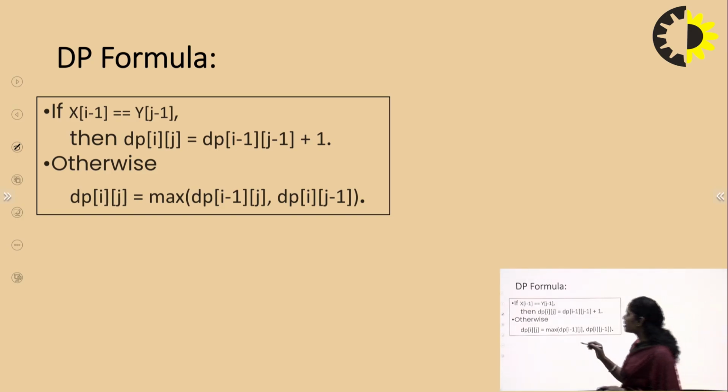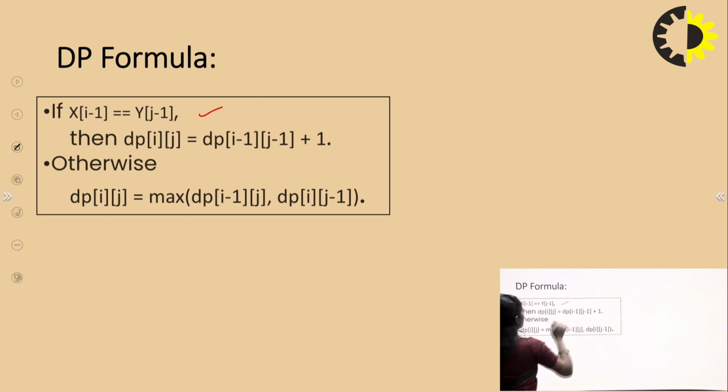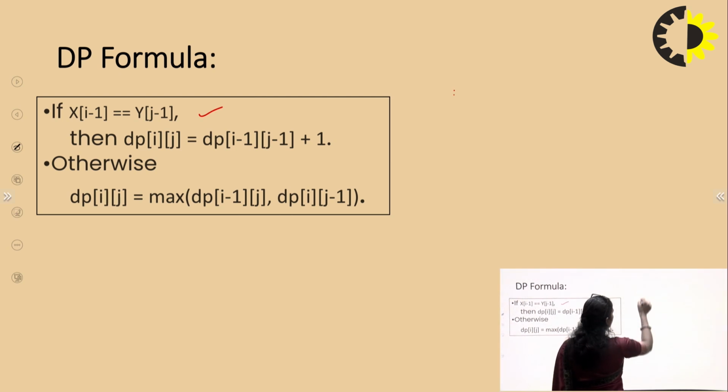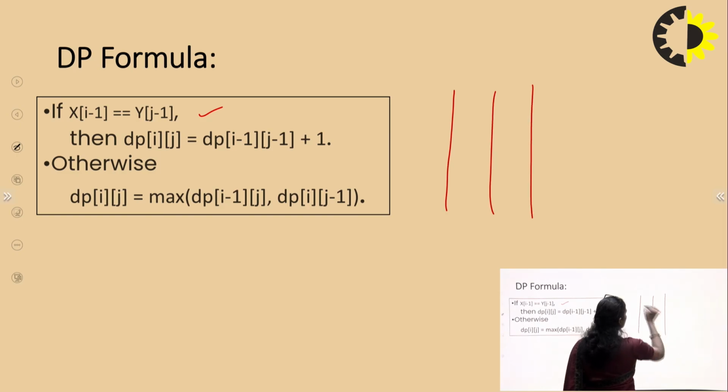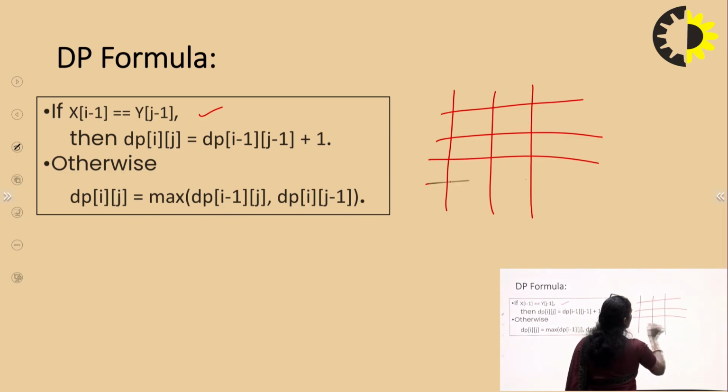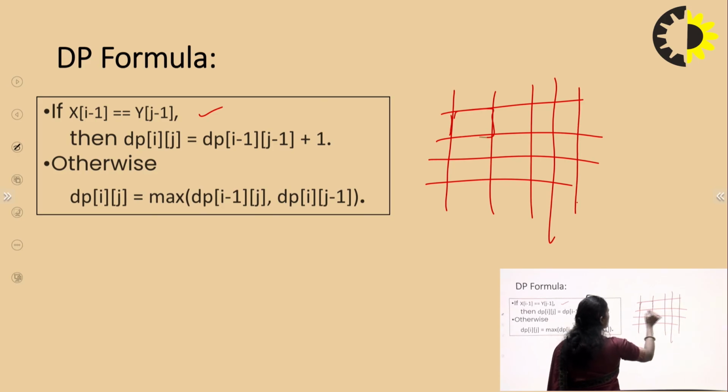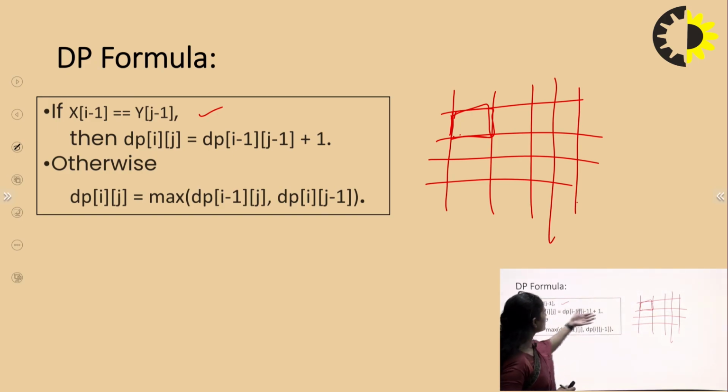This is the formula where we are calculating the index. We create a table, and this table is designed in a 2D form, right? And how do we position and enter DP elements in the table? This is based on this formula, right?